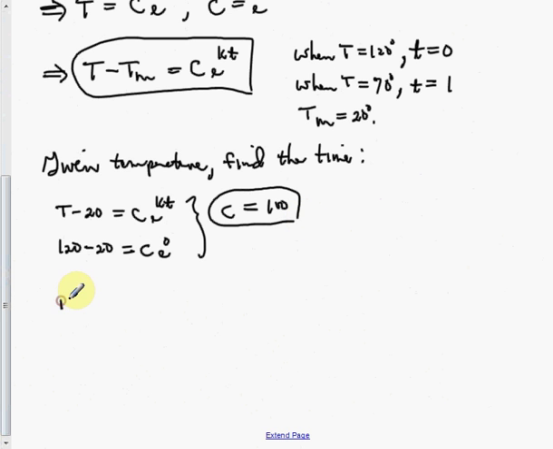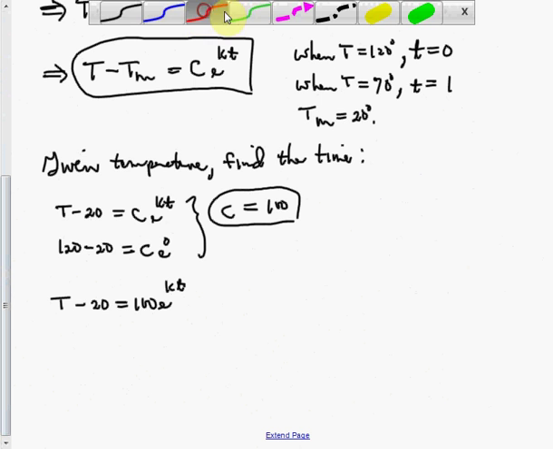So then what I have is T minus 20 is equal to 100 times e to the kt. So it looks like we need to solve for k, for that constant up there, to be able to have the formula in terms of how it ought to look. We can do that by the second initial condition.